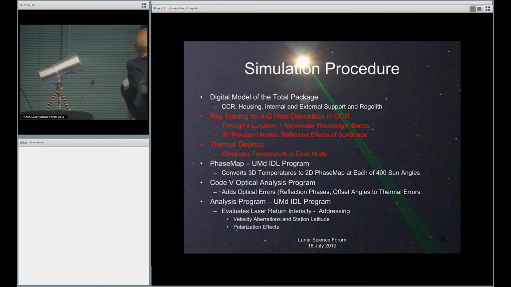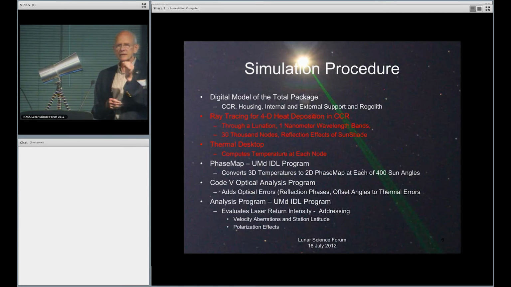The first is the IDL, a program generated at the University of Maryland, in which we take at present 1,000 rays. Each one of them goes into the corner reflector.